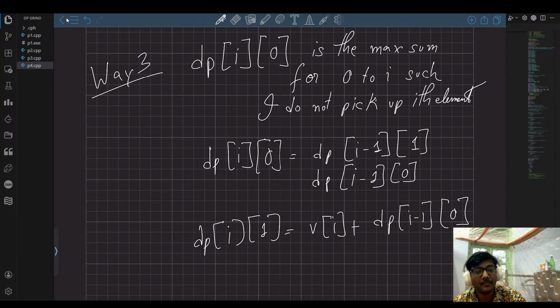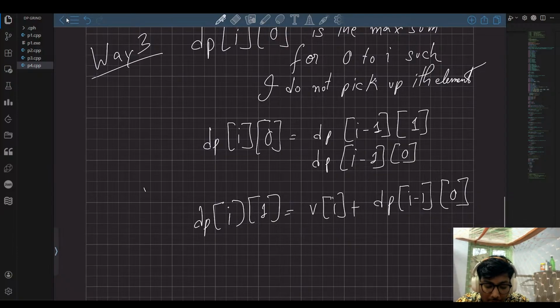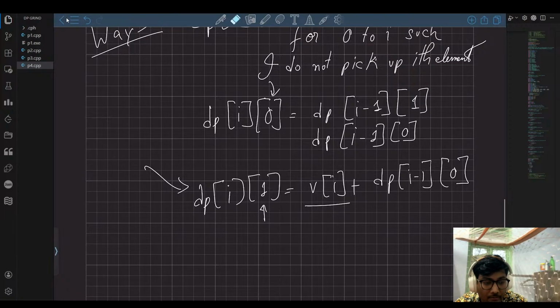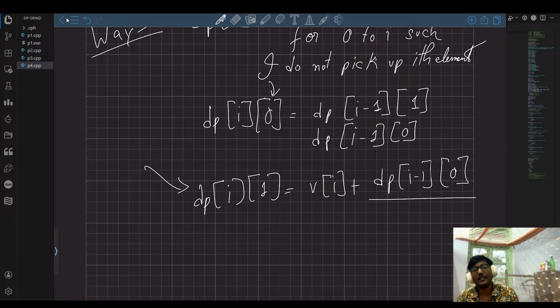So I'm thinking, dp of I 0 means the maximum sum I can make from 0 to I so that I do not pick up the ith element. And dp of I 1 means the maximum sum from 0 to I so that I definitely pick up the ith element. Now, if I'm not picking up this ith element, I have the option to pick up the I minus 1 element or not. But if I've decided to pick this up definitely, then I get this to my answer, and I'm sure that I minus 1 I must have not picked up, or the answer from I minus 1 such that I have not picked I minus 1 is guaranteed.